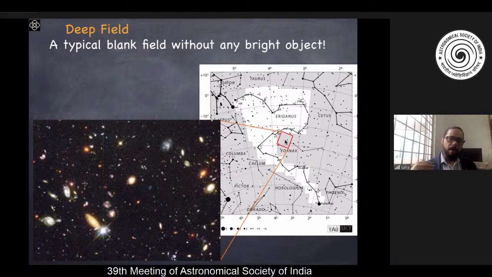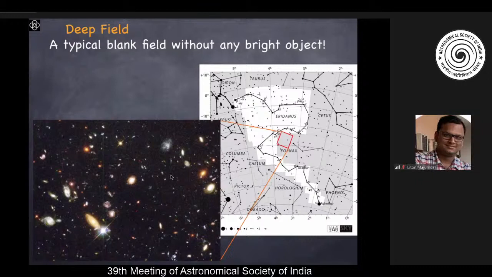The idea of the deep field is to look deep into space, and in some sense you want to explore fainter and fainter objects in the sky. Hubble deep field is an excellent example of one such deep field, which has almost revolutionized our understanding of galaxy formation and galaxy evolution.